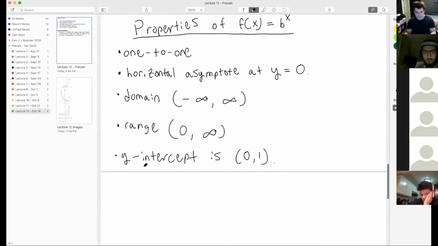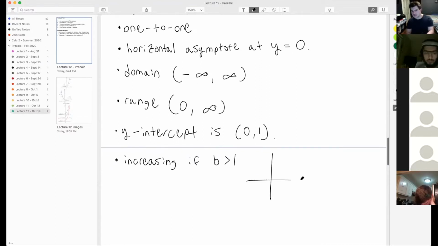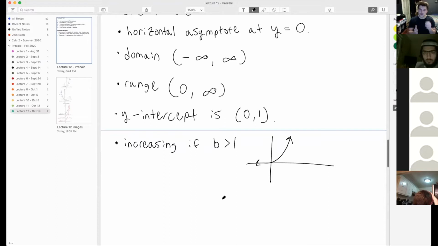And then this is what was asked before. The graph is increasing if b is greater than 1, and just intuitively that means the shape is going to look like that. That's an intuitive picture of what it means for a function to be increasing, and then decreasing if b is between 0 and 1.